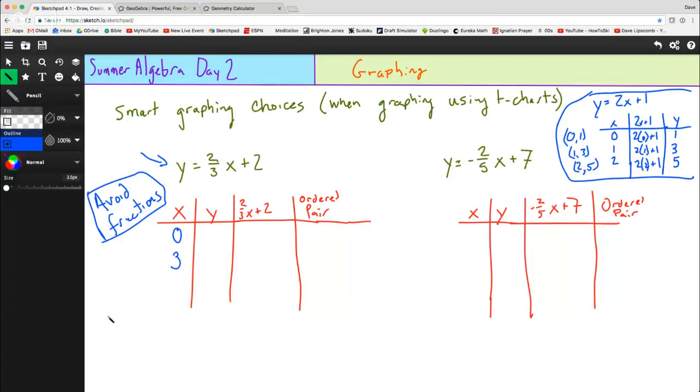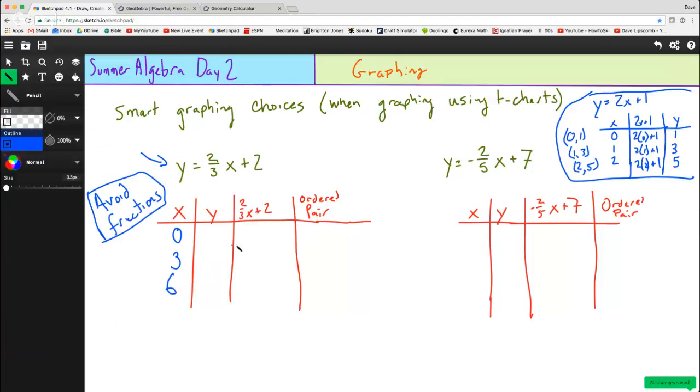Because I know that 2/3 times 3 is going to equal a whole number, or 2. So what's another good number I could choose to multiply by 2/3 and know that I'm going to get a whole number? For those of you who said anything divisible by 3, like 6, those are good choices.